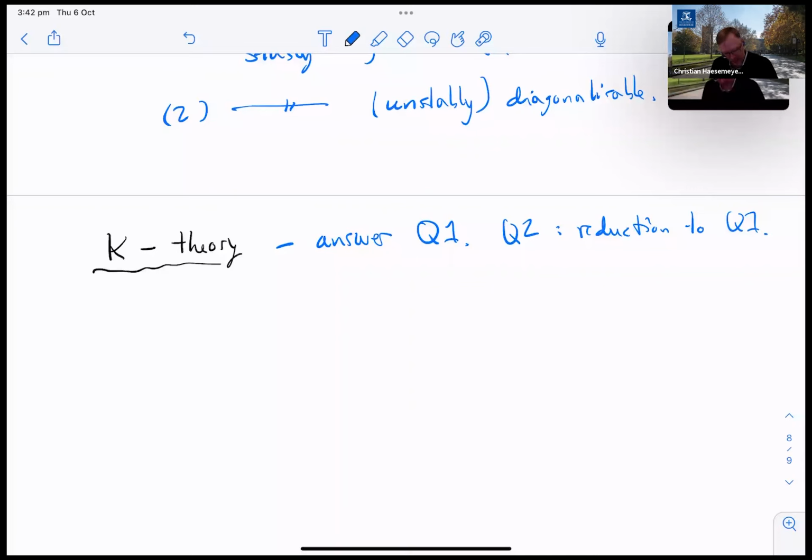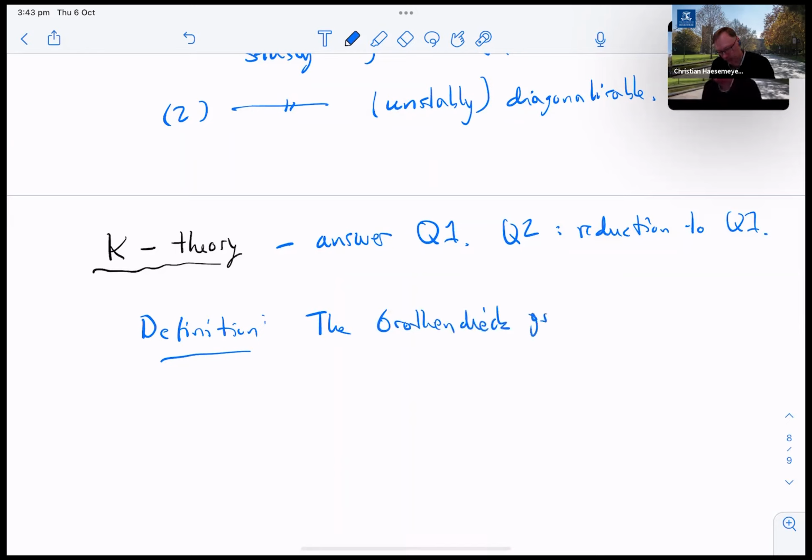And so I will finish by defining the group K0 of a ring R, which is typically called the Grothendieck group because it was introduced by Grothendieck. K0 R is the following group.